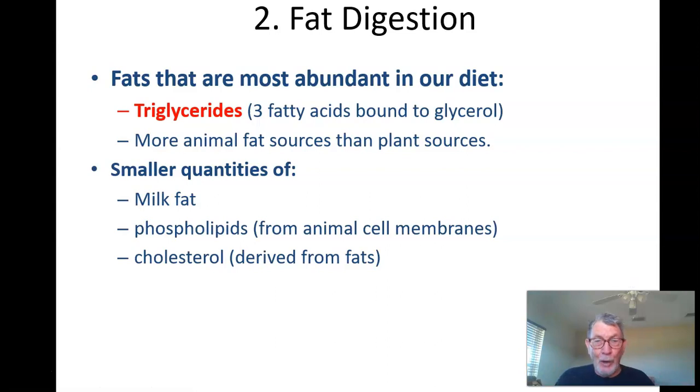Okay, so that's carbohydrate. What I want you to be able to do with all of these is to be able to say: it starts in the mouth with salivary amylase that breaks down the starches into twos and little ones, to maltose and limit dextrins. It goes into the stomach, where the salivary amylase works for a while longer.